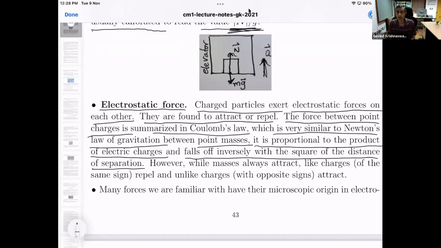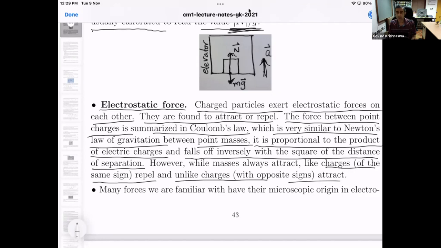If it is attractive, we will say the two charges are of opposite sign, and if it is repulsive, we will say they are of like sign. In this manner, we assign signs to the charges of various bodies. Having done that, we conclude that charges of the same sign repel and unlike charges attract.